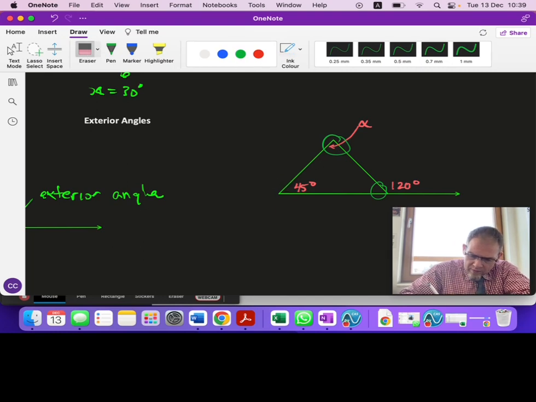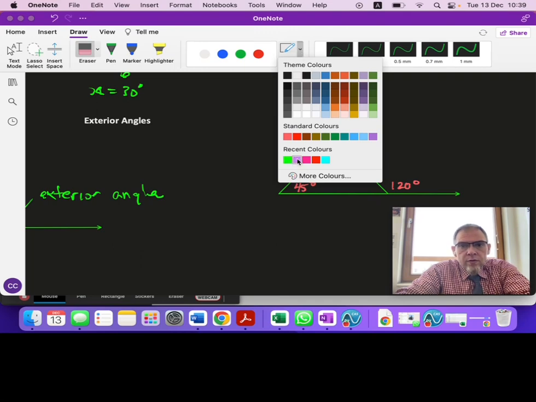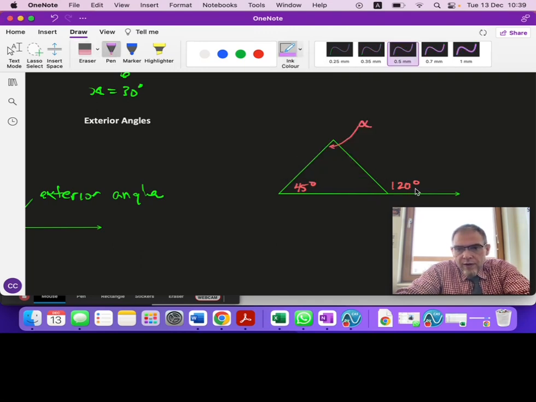That's because the sum of the interior angles is always 180. I know one interior angle. Can I find this angle? Yes, Mr. Stoltz, we totally can. Hopefully we recognize that that is just the supplement of 120. So the supplement of 120 would put me at 60 degrees there.